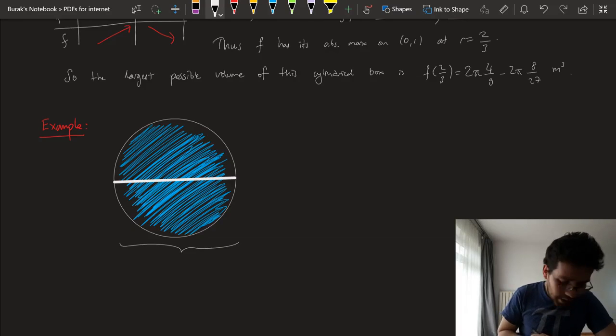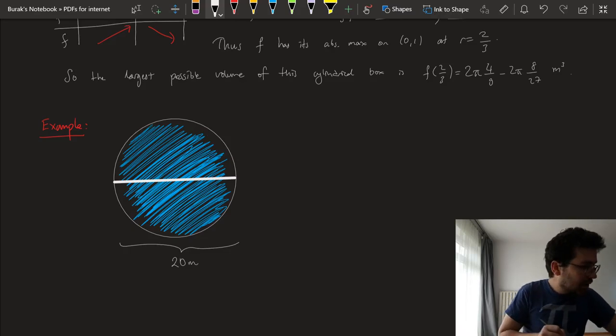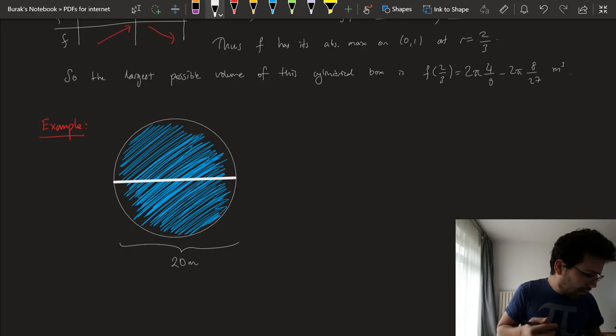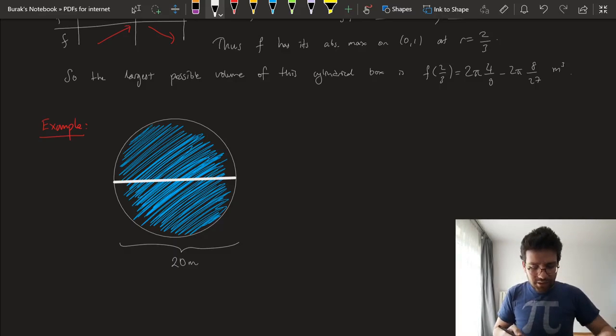Okay. So this will be 20 meters. Does this actually matter? No, I don't think so. This is actually a problem from your book. So let me take a look. Yeah, let's put this as 20 meters. Okay.